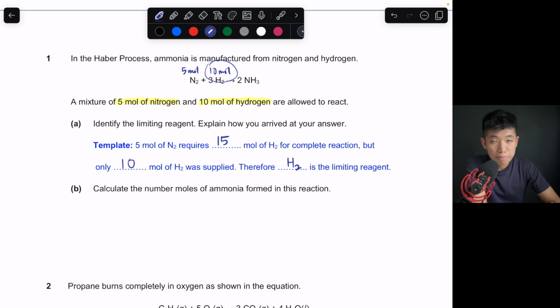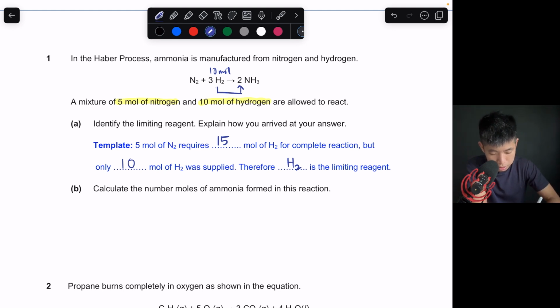Okay. In part B, when they ask you to determine the amount of product formed, you have to base it on the limiting reactant. Okay, so I can ignore the nitrogen over here. From the 10 mole of hydrogen, how much ammonia can I get? Look at the mole ratio.